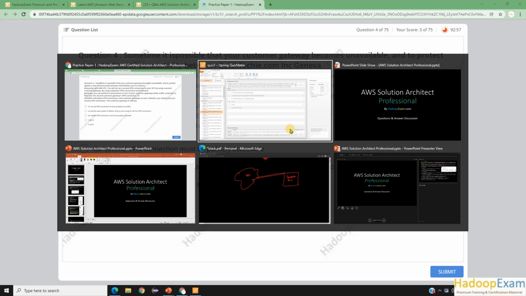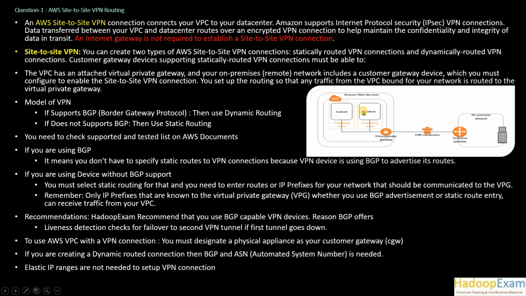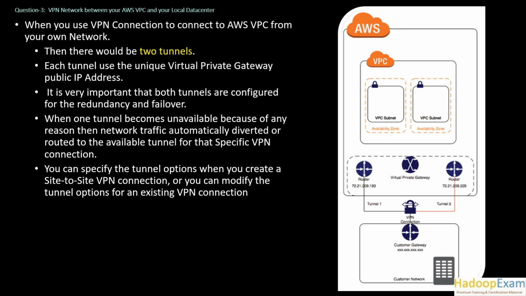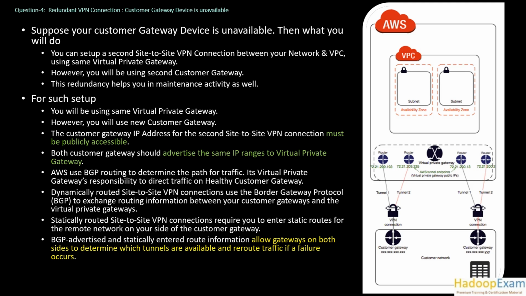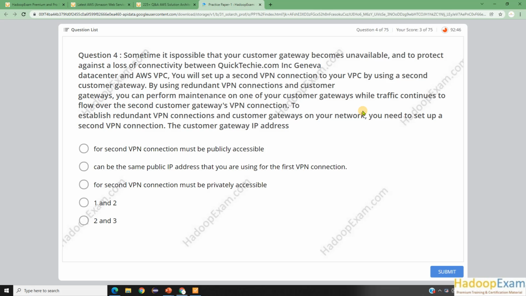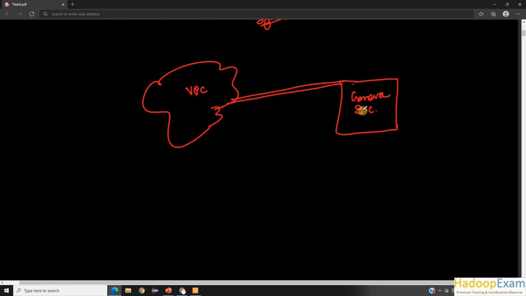So now let me first explain what the question is asking, then I'll go over the solution. What the question is asking is that quicktechie.com has their own data center here, and this is your customer gateway.